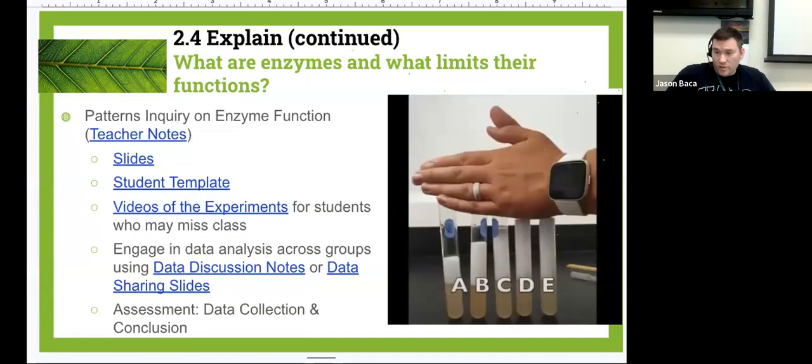And then we do one of the bigger labs that we have for the whole year, which is the enzyme lab. And so this is taking potato catalase, and you are basically breaking down hydrogen peroxide with it. What happens is they put the two together and you split them into groups. So the groups are going to be temperature, right?